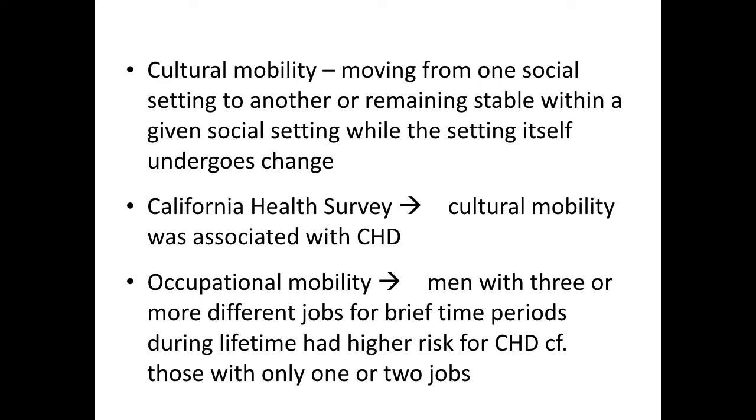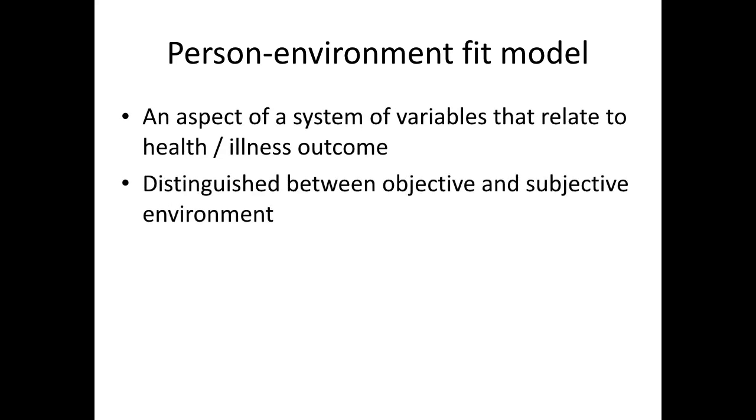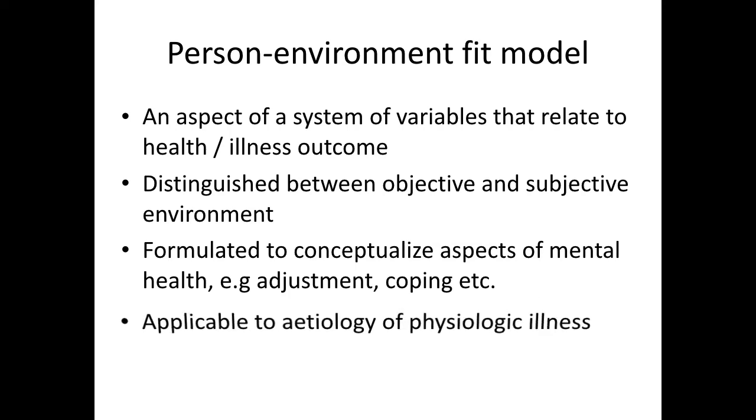Okay. Next is the person-environment fit model. It's an aspect of a system of variables that relate to health or illness outcome. It distinguishes between objective and subjective environment. It was formulated to conceptualize aspects of mental health, for example, adjustment and coping.